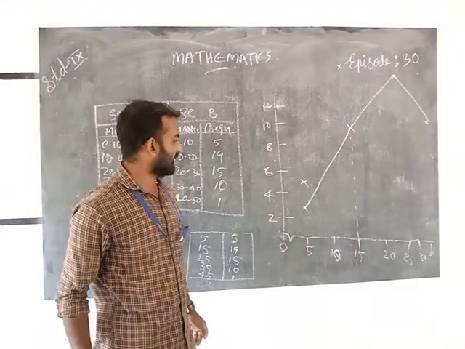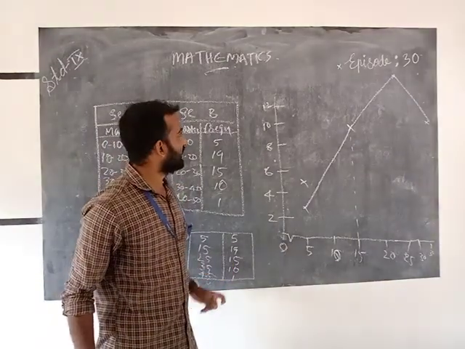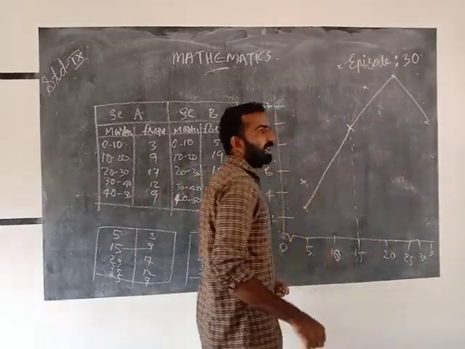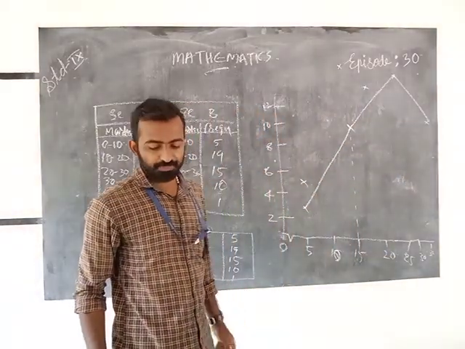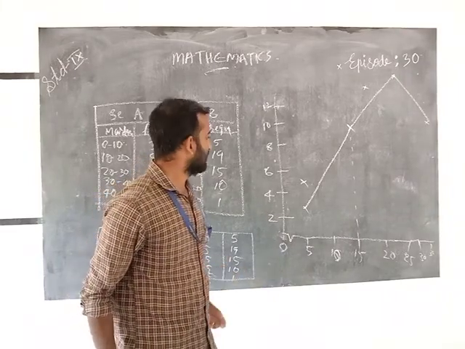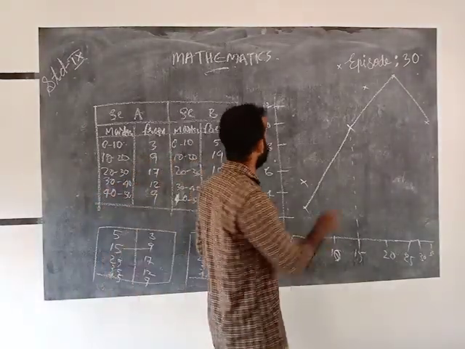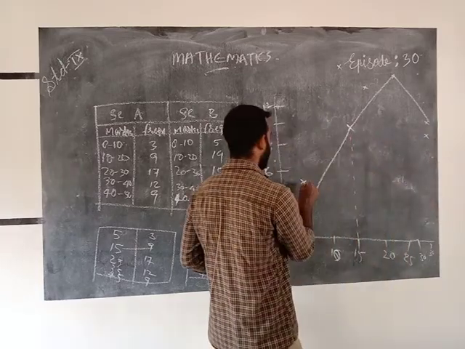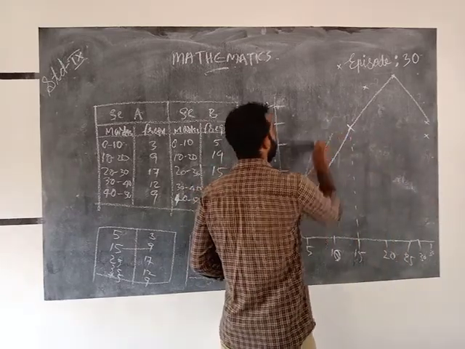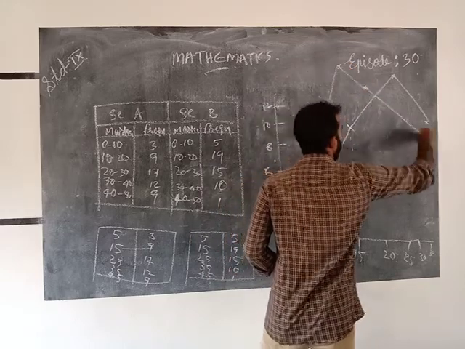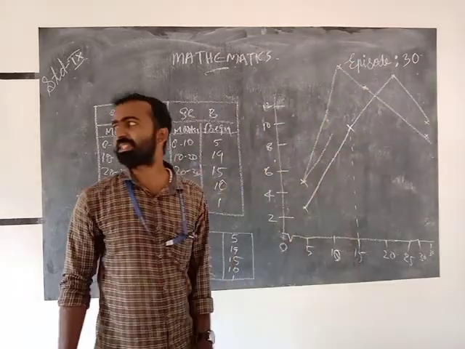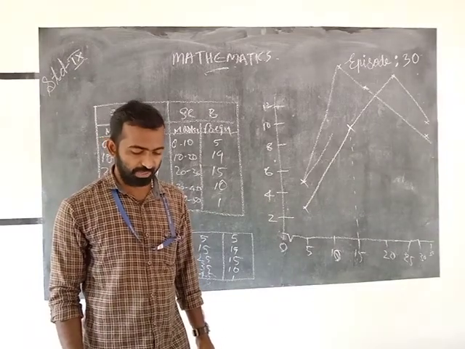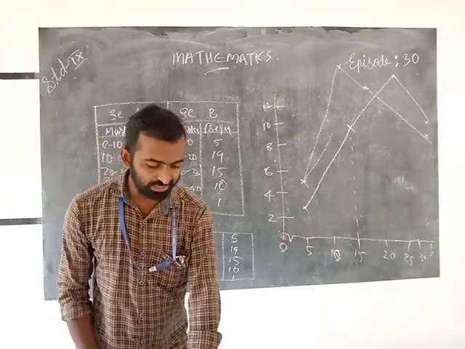And next is 25, with 15, between 14 and 16. And next is 35, with 10. We follow like this and join the points. That is the graph for section B.